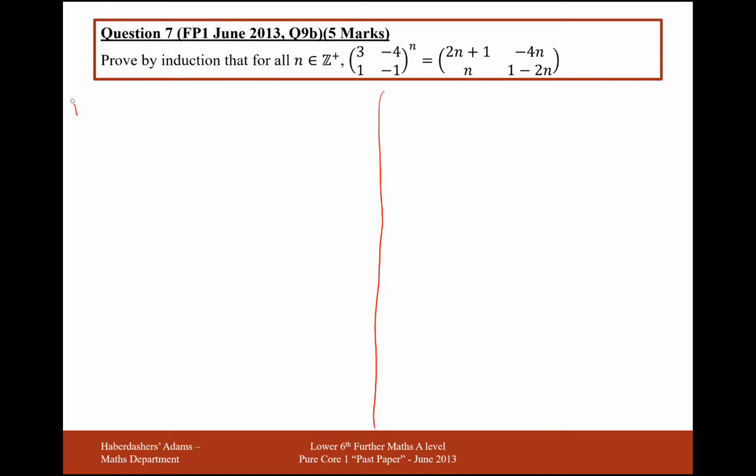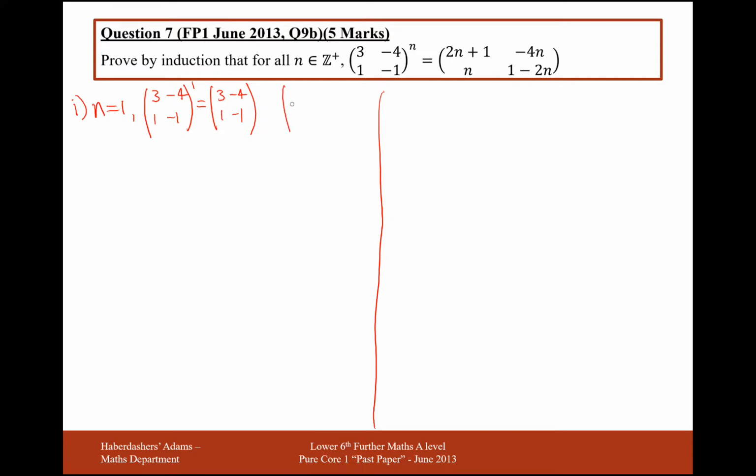As is the same starting place for all proof by induction questions, we are going to prove that this theorem is true for n equals 1. So when n equals 1, (3, -4; 1, -1) to the power of 1 is (3, -4; 1, -1). Nicely and easy to start with.